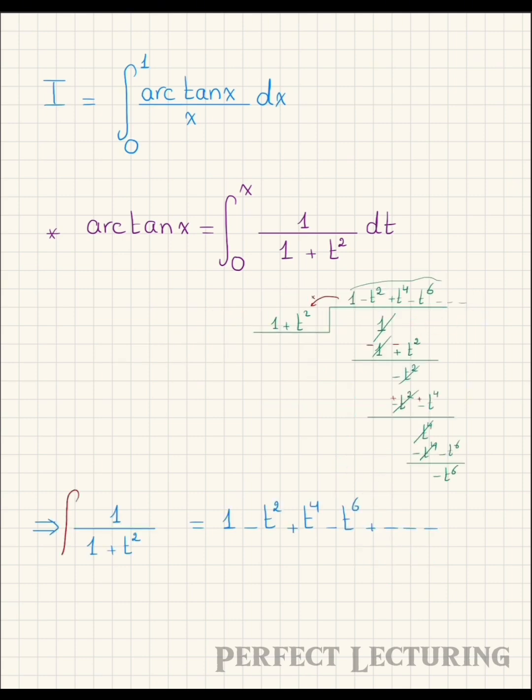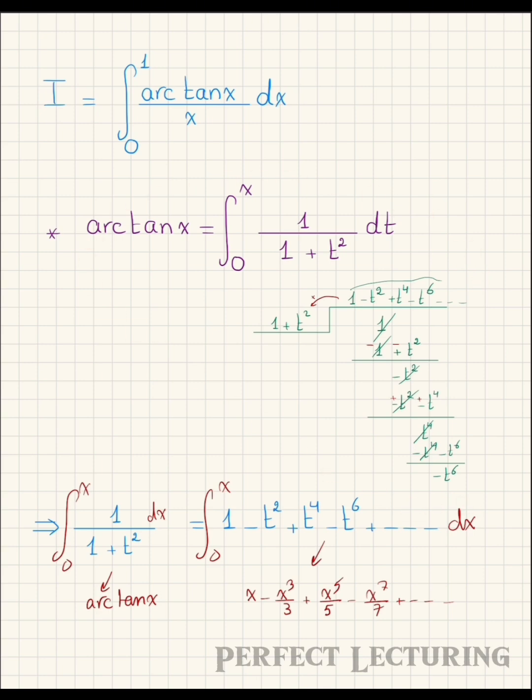We then integrate both sides from 0 to x. This is of course arctan of x. And here we integrate term by term, so we get x minus x cubed over 3 plus x to the 5 over 5 minus x to the 7 over 7 and so on. And of course, this is the Maclaurin series expansion of arctan of x, but I just wanted to show you how to get it.